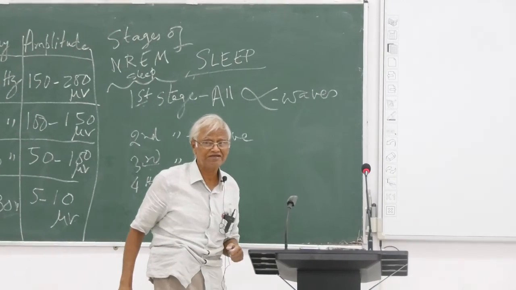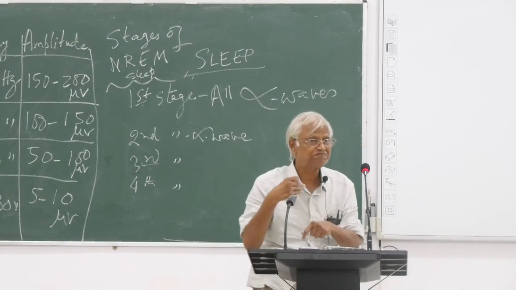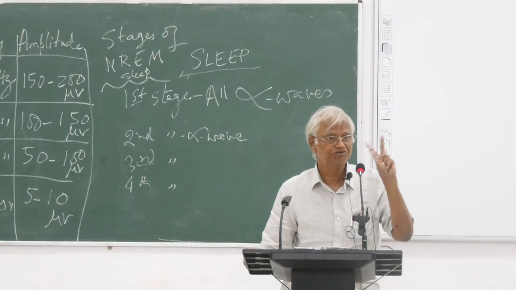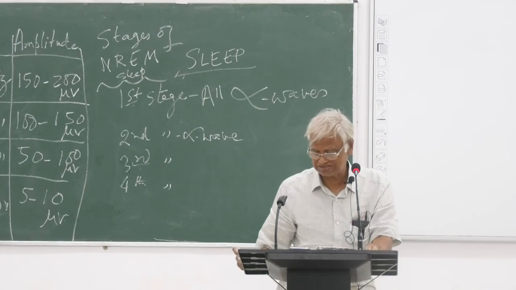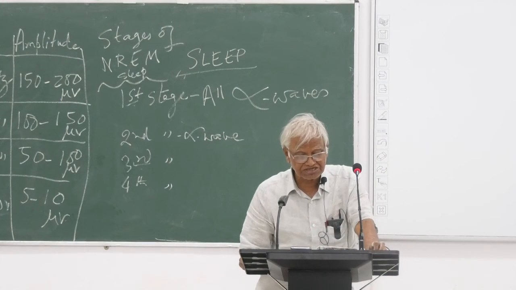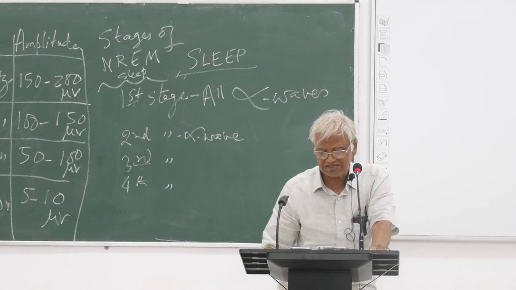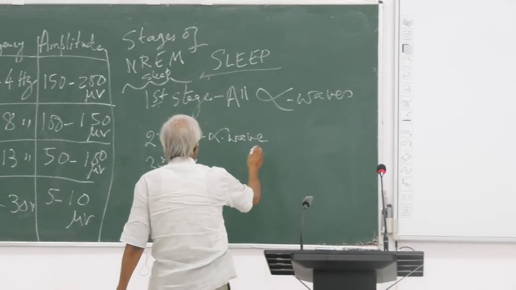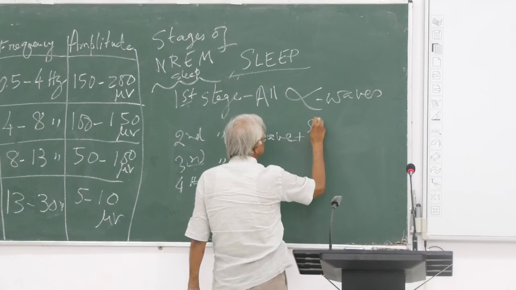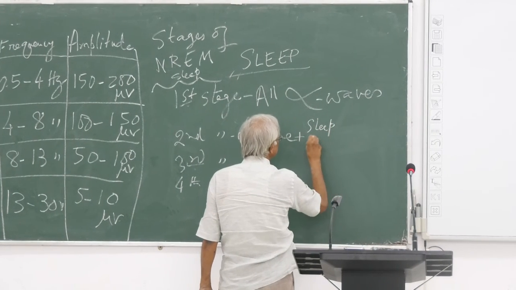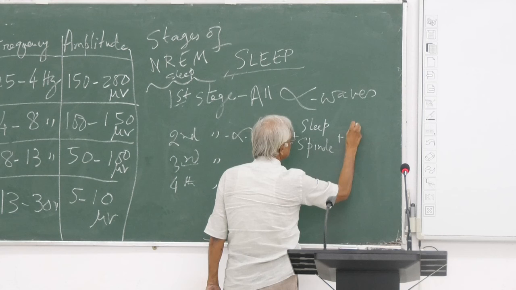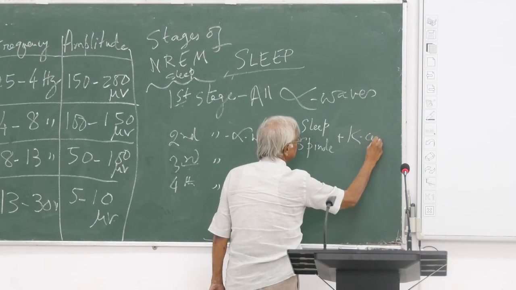The alpha wave is interspersed. That means in between come 2 things which you will not find in stage 1. These 2 things are sleep spindle and K complex. Alpha wave plus sleep spindle plus K complex.